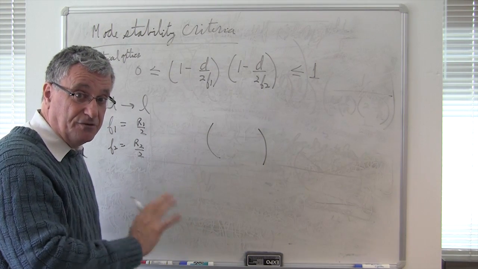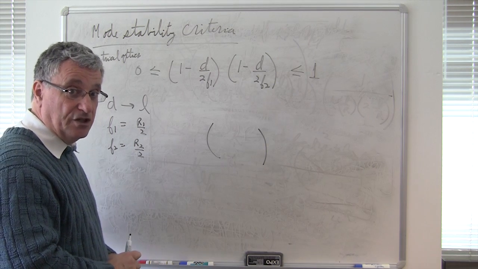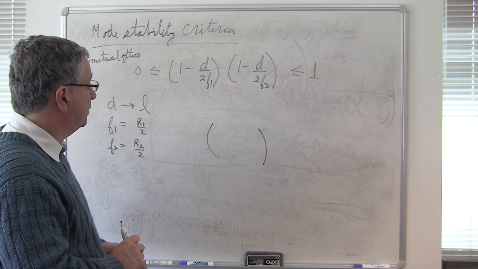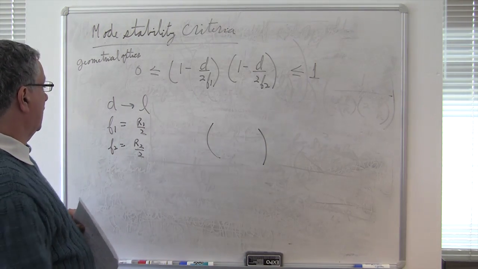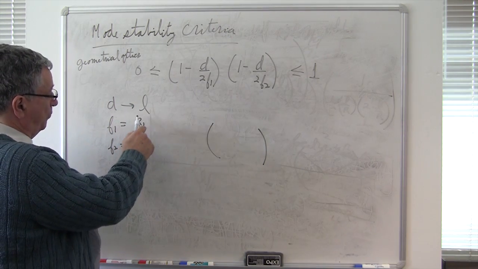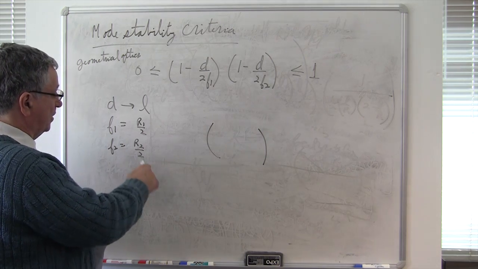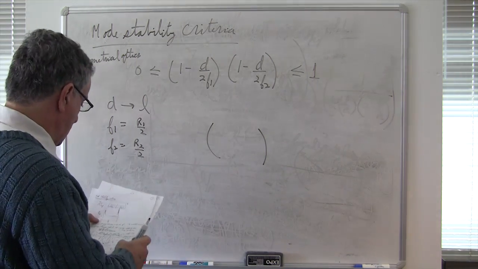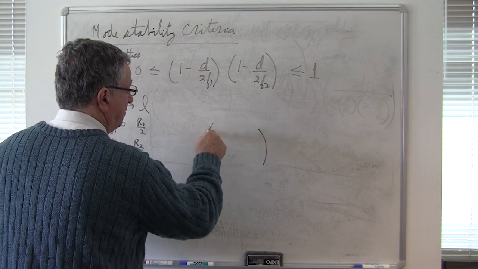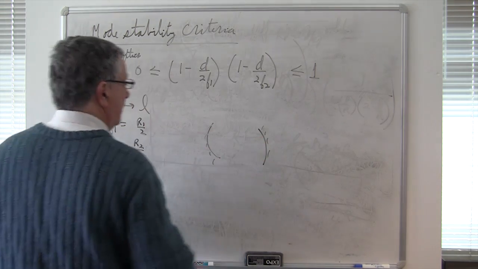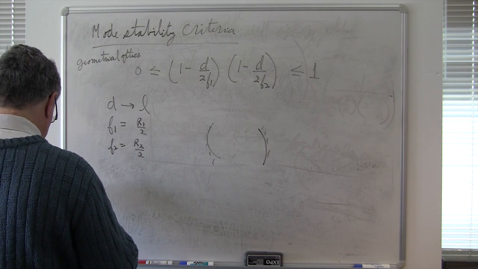We have a slightly different definition of what is positive and what is negative. Now we're going back to geometrical optics, so we can take f1 equal to R1 over 2 and f2 equal to R2 over 2, for mirrors of this type, and you can form a cavity.